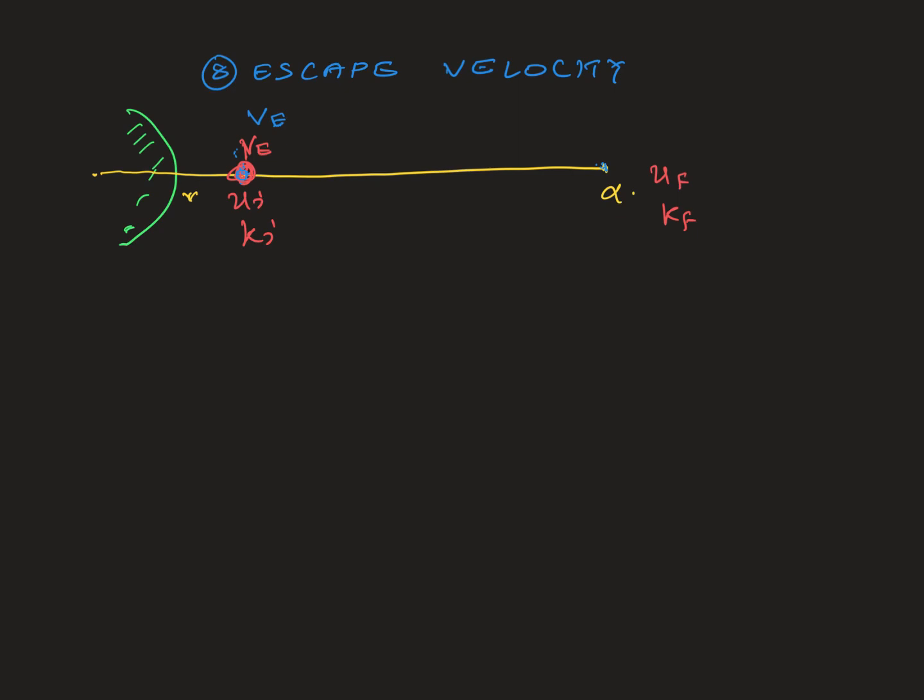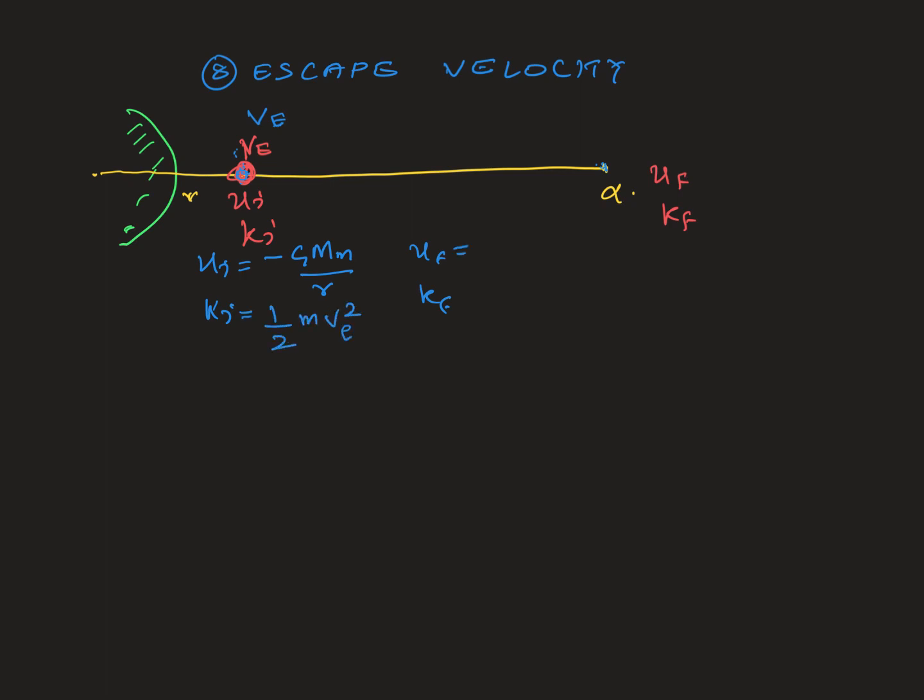So let's write down what we have for Ui, Ki, Uf and Kf. Ui is the gravitational energy at radius r, which we found is minus GMm over r. And Ki is obviously half mv squared.